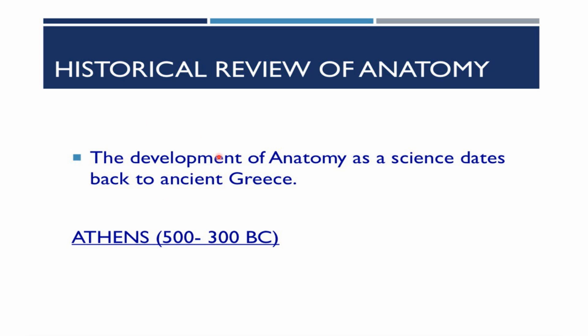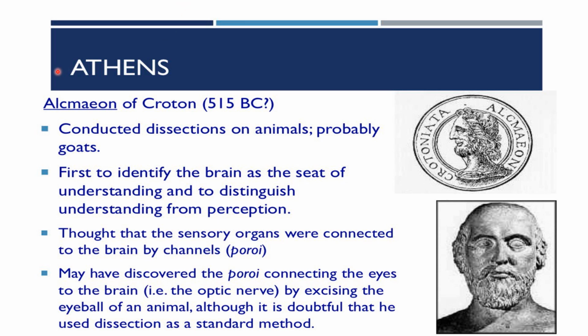Okay, so the development of anatomy as a science dates way back to ancient Greece. You remember the capital of Greece, which is Athens, from 500 to 300 BC, before Christ. So the first individual we're going to talk about is Alcmaeon of Croton.